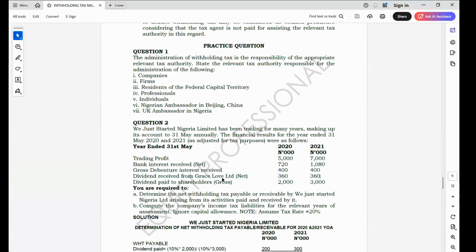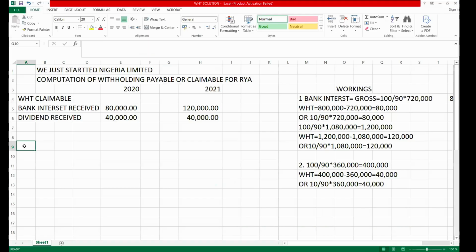You are making payment, so it gives rise to withholding tax payable. So we have the next one, withholding tax payable, which will be dividend paid. Working 3 will give us dividend paid.